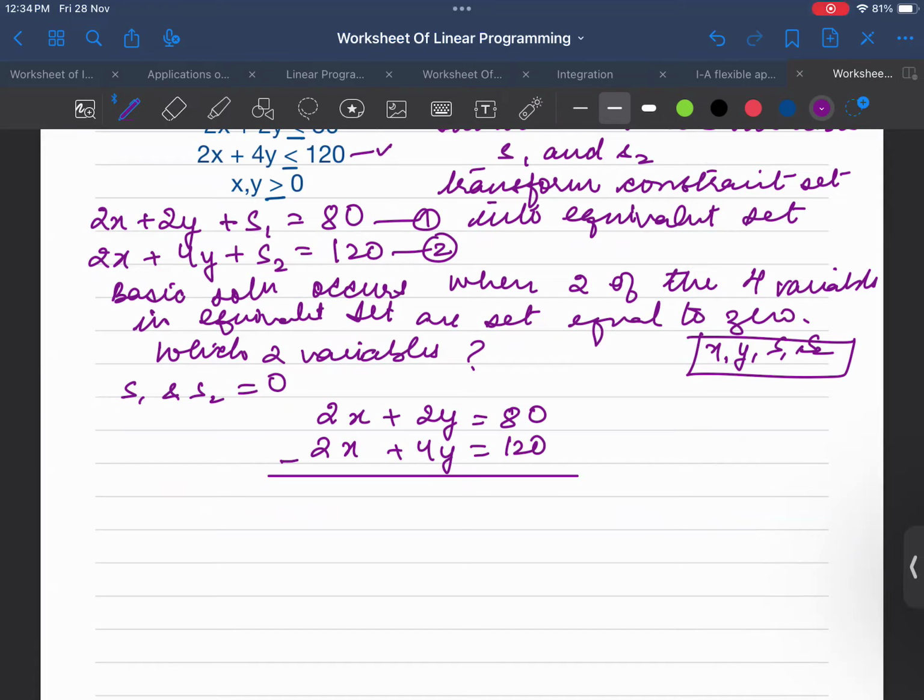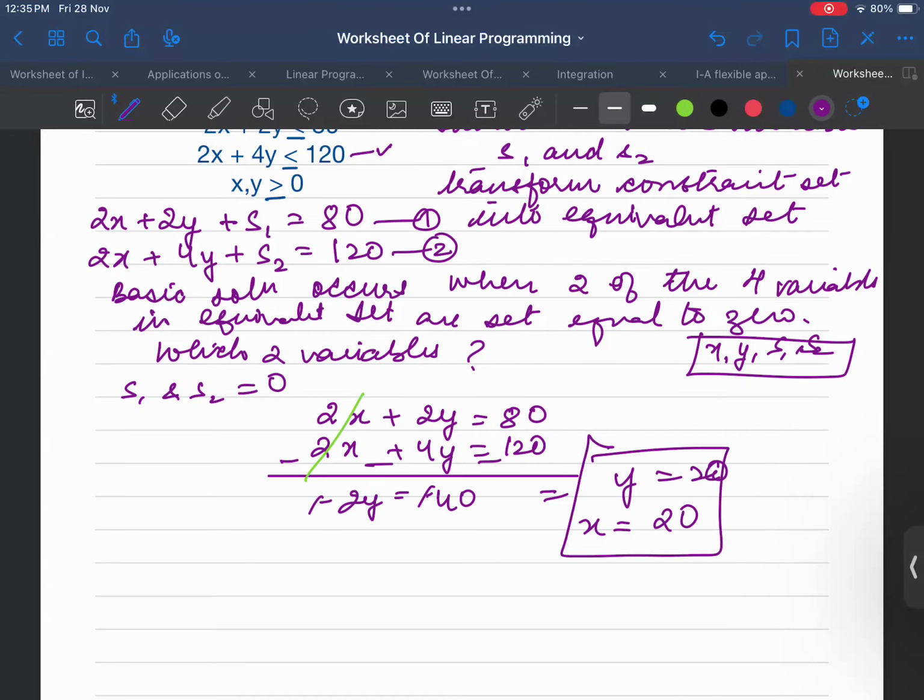Subtracting, we get 2y equals 40, so y will be 20. If we replace this value of y in either equation, we will get the value of x to be 20. So this is one of the solutions.